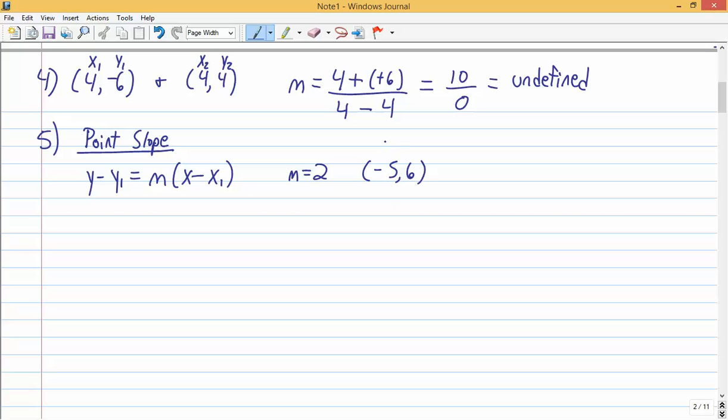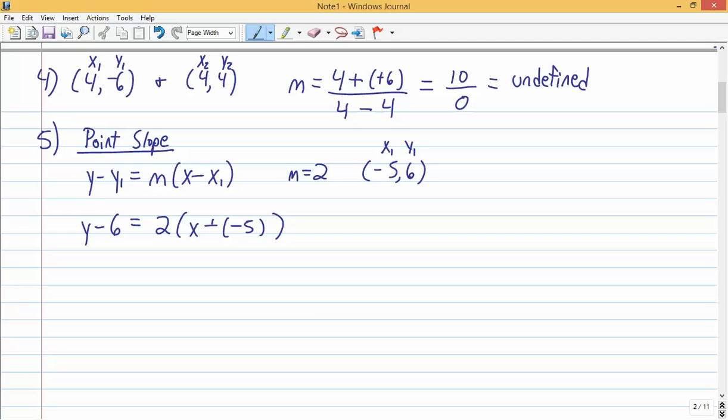So label your point x sub 1, y sub 1, and now plug your slope and your point into your point slope formula. So y minus y sub 1 is 6 equals m, or 2, times x minus x sub 1 is negative 5. Alright, so y minus 6 equals 2 times x minus negative 5.